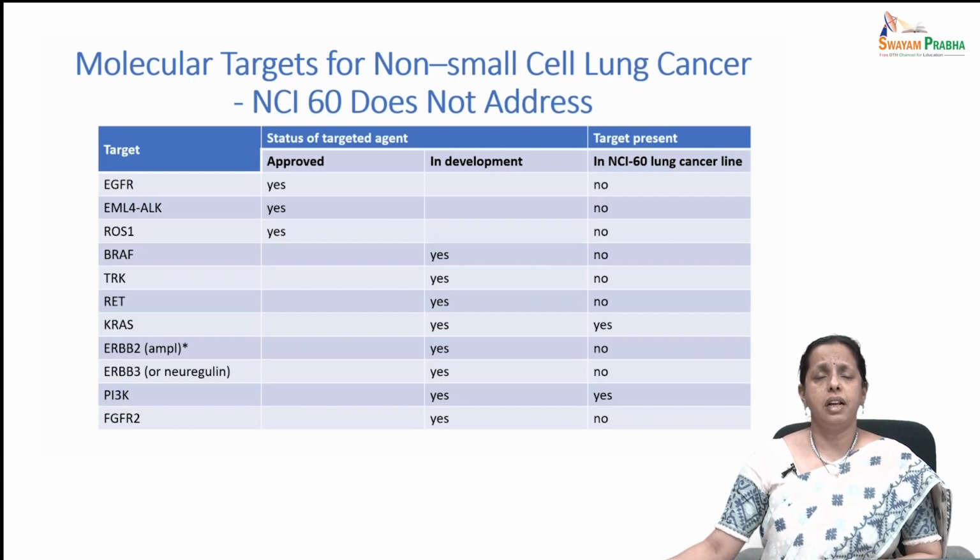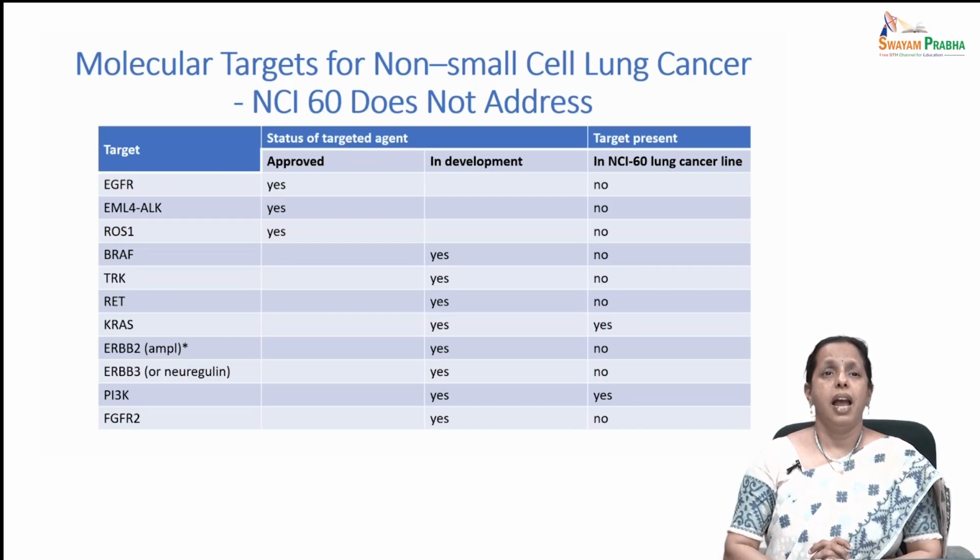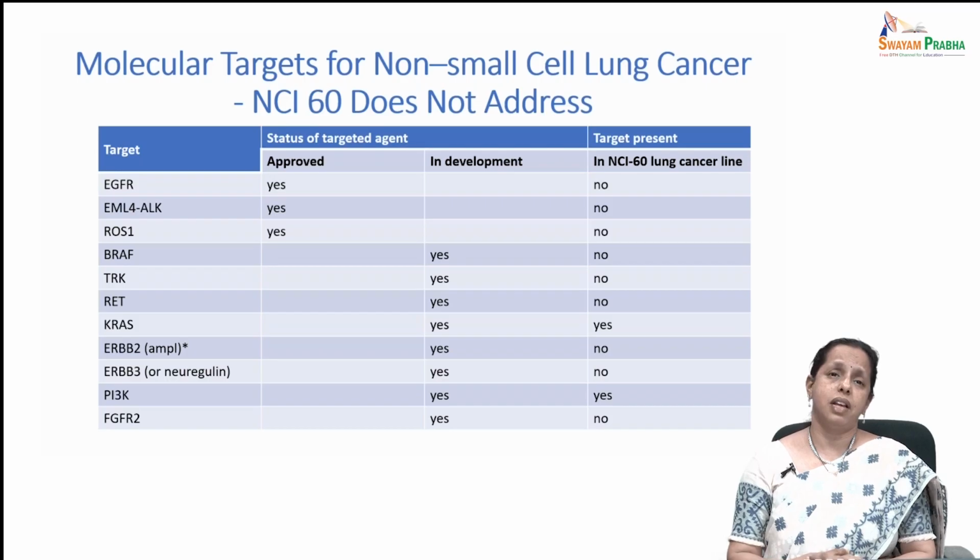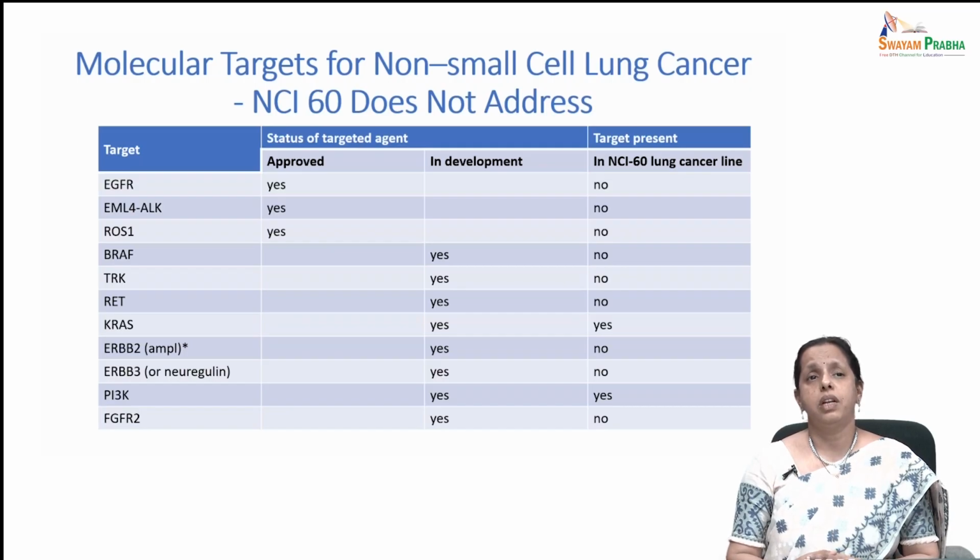Here we can clearly see that even though the NCI 60 has several cell lines, there are some molecular targets for specific tumor types which these cell lines do not address.